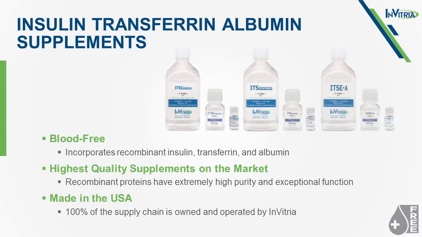Okay. So as mentioned earlier in the presentation, FBS provides stimulation of cellular proliferation by the presence of growth factors, nutritional support, and facilitation of cell adhesion by the presence of extracellular matrix proteins. Some of the most prominent proteins in serum include insulin, albumin, and transferrin.